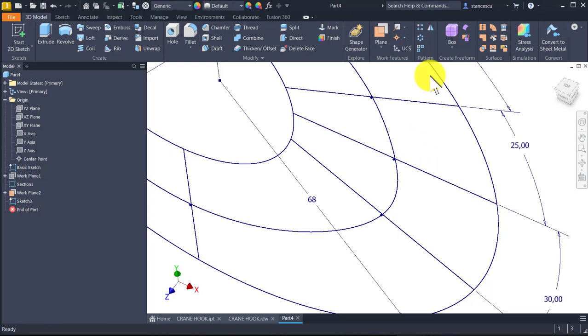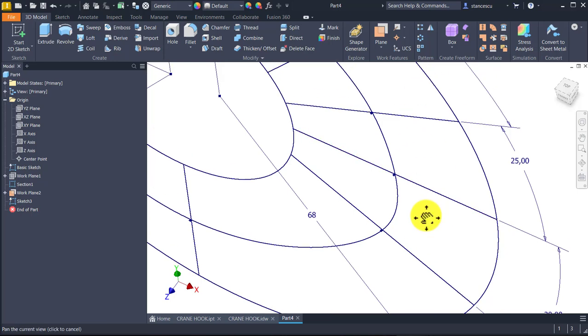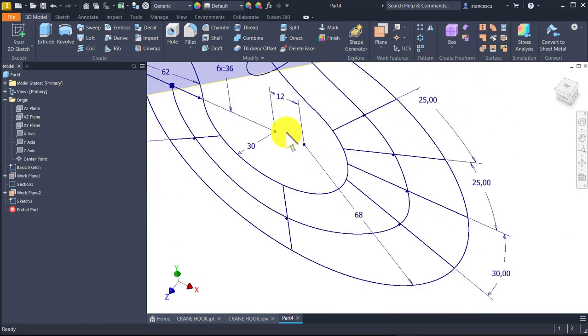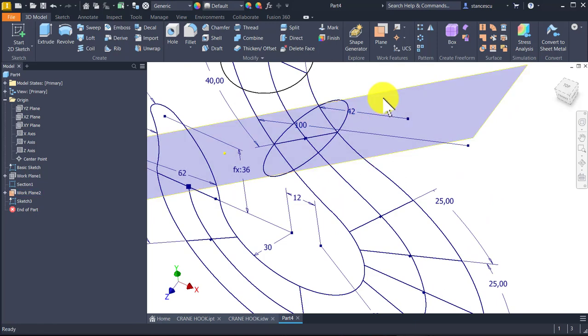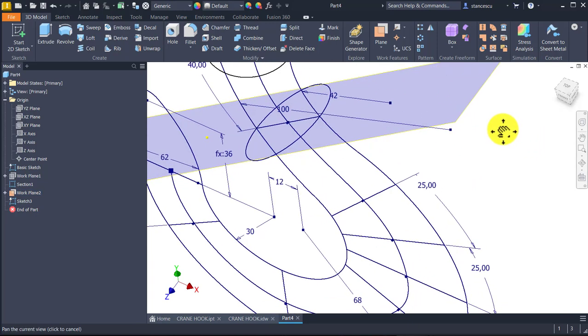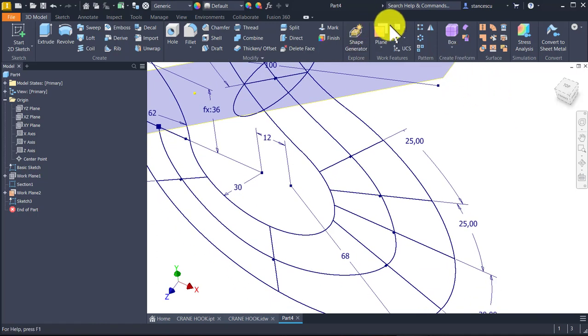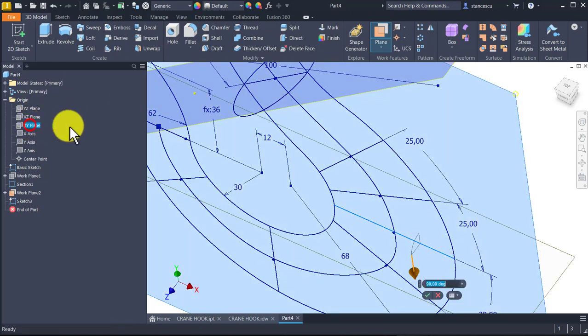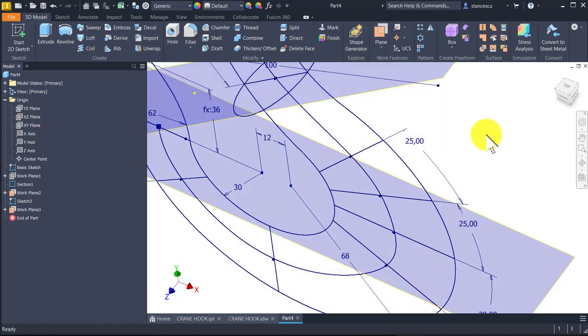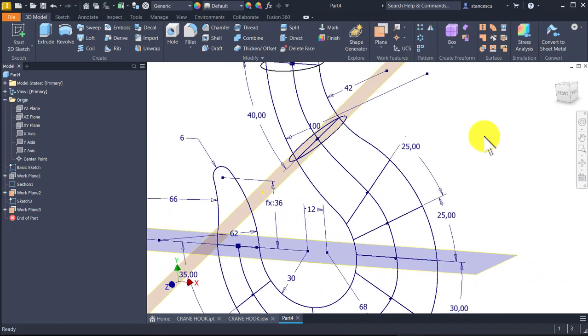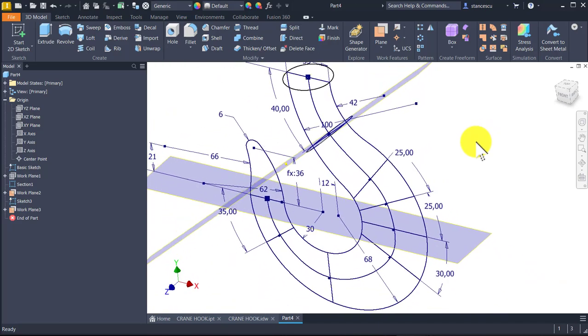This is 50, and it has full definition, so that I let this a while to be there, and I go to the other one, this one, and the plane XY, to create another sketch. You see how it looks.